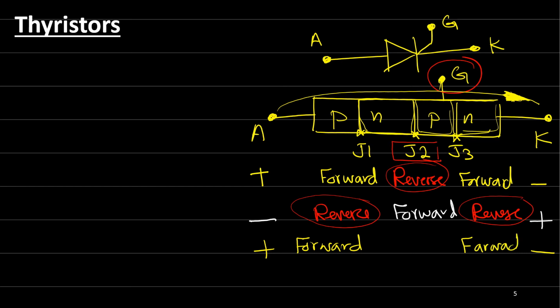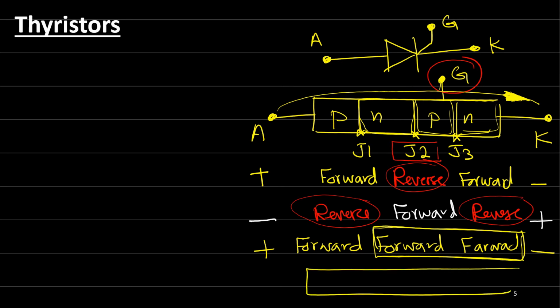And junction 2 will be forward. But in reality, when we apply signal, both junction 2 and junction 3 will act as a big N region, so the thyristor will be similar to this. So we have P and a big N region here, so the current is flowing in the thyristor.